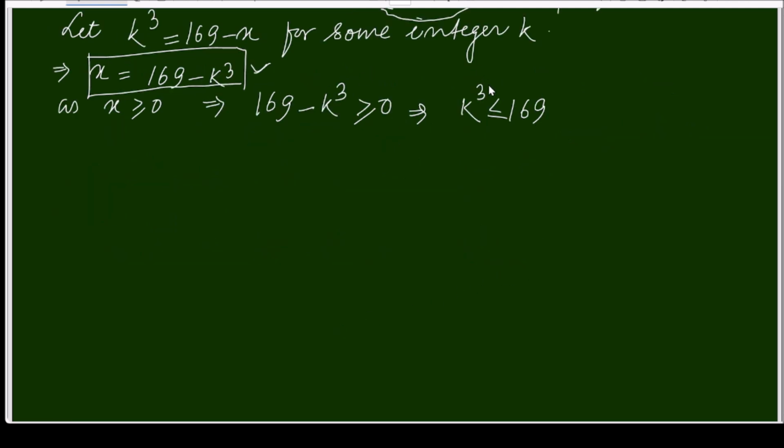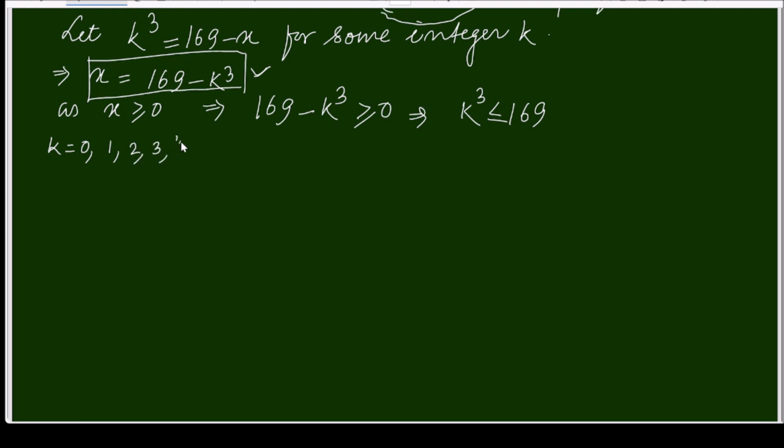We'll go for the values of k when k cube is less than 169 starting from 0. So for k equals 0, it's good. 1 holds good, 2 holds good, 3 holds good, 4 holds good, 5 also holds good. But when k exceeds 5, there is a problem, because 6 power 3 equals 216 is greater than 169. So we'll test 0 to 5.